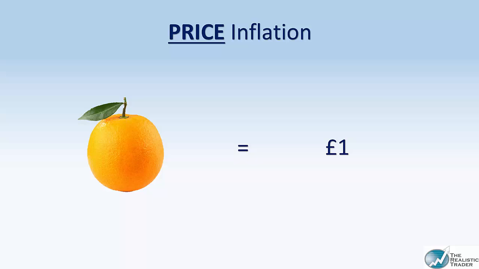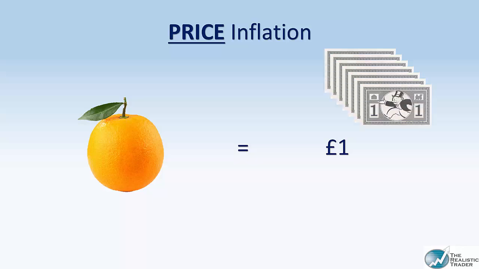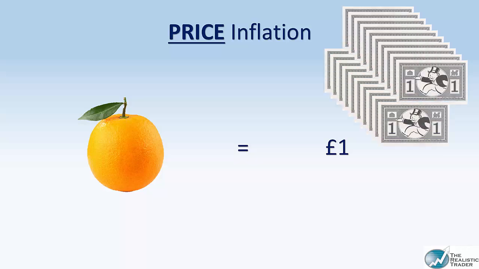So for example, let's say an orange equaled £1, and the Bank of England set out a new QE program and over time doubled the currency supply, the pound sterling currency supply. Well, over time the price of that orange should, in theory, double. It should turn into £2.